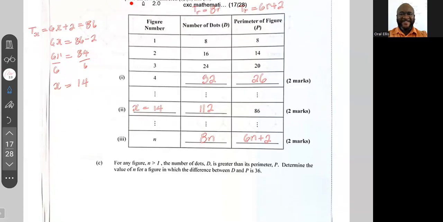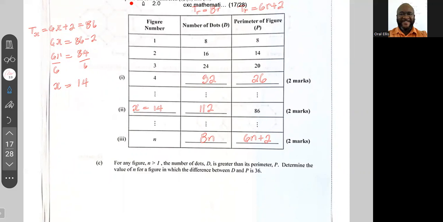Next, where it says, for any figure greater than n, the number of dots D is greater than its perimeter P. Determine the value of n for a figure in which the difference between D and P is equal to 36.